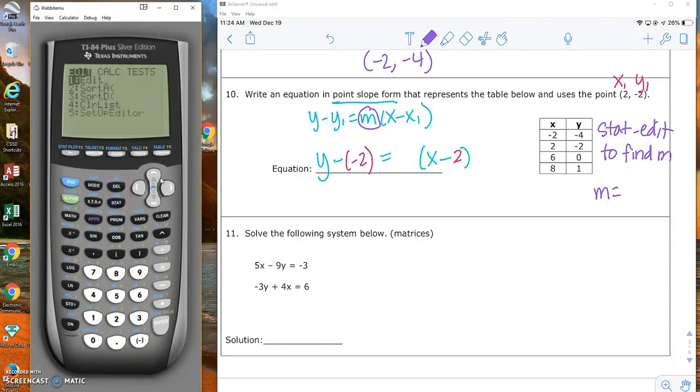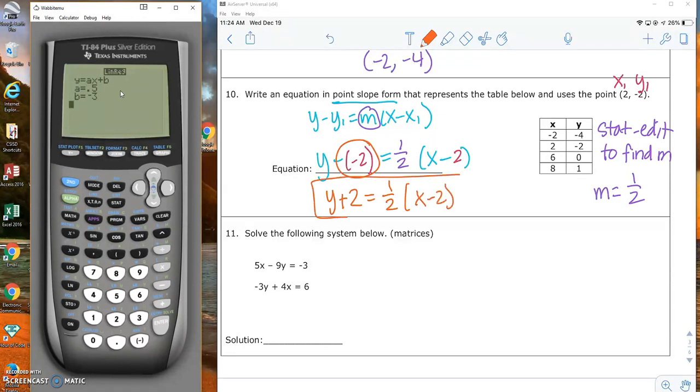Okay, and then stat calc 4, enter, enter, enter, and remember m is the same thing as a, so my m is 1/2, so 1/2 goes here. Now the only extra thing we could do would be to clean up this minus minus, which is really a plus because you would not see something with minus minus on your test.